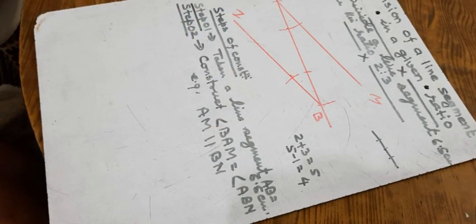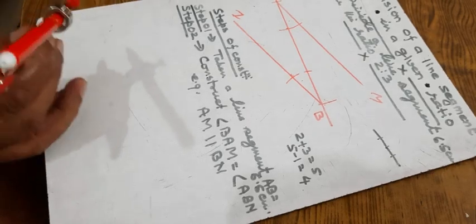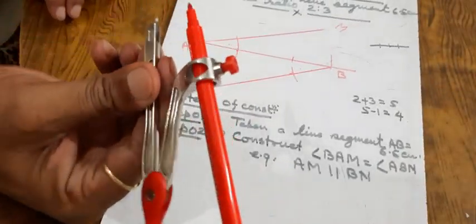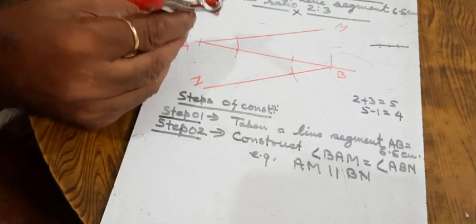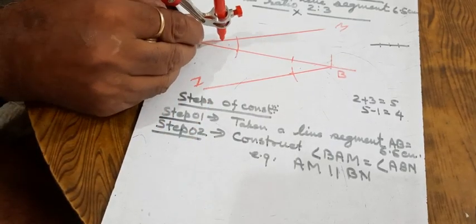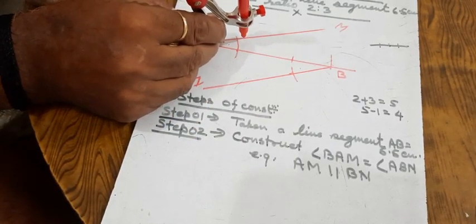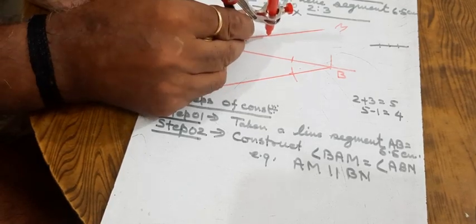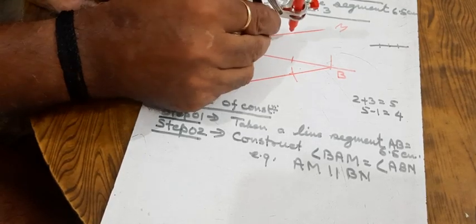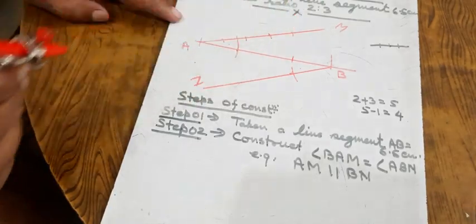So how do we take it? Take a small arc of any radius, and from A we take 1, 2, 3, 4.